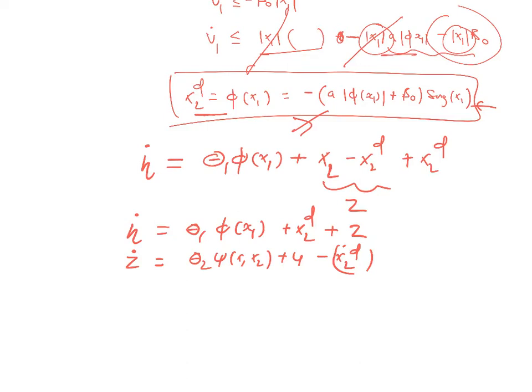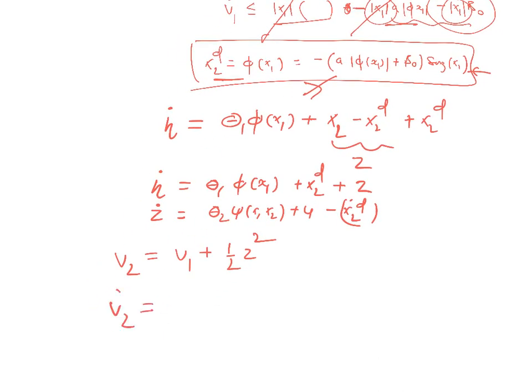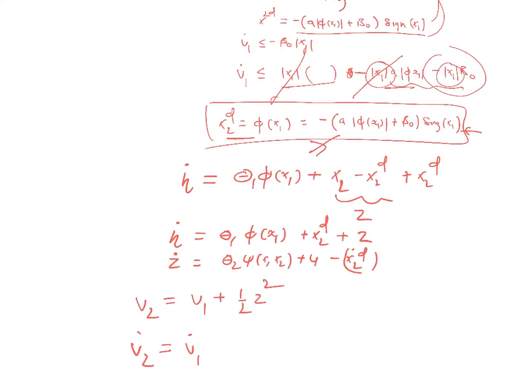Now your v2 will be v1 plus half z squared. So backstepping, same step, and then v2 dot will be v1 dot plus z z dot.